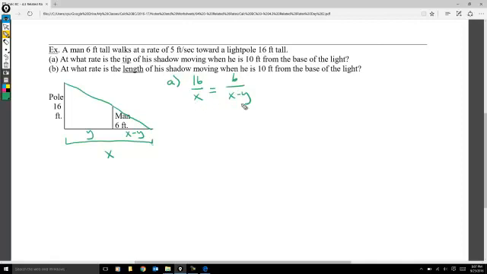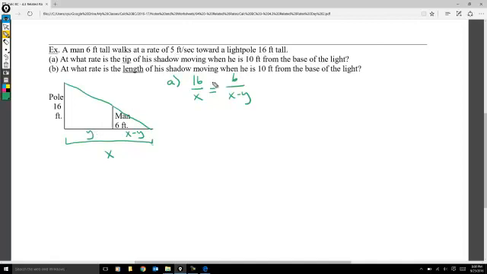All right, so I made my proportion. Now, like I said before, I like to make a list of everything that I know. So let's see what I got. I know that he's walking at a rate of 5 feet per second toward a light pole. So my distance here is decreasing, and dy/dt is -5.